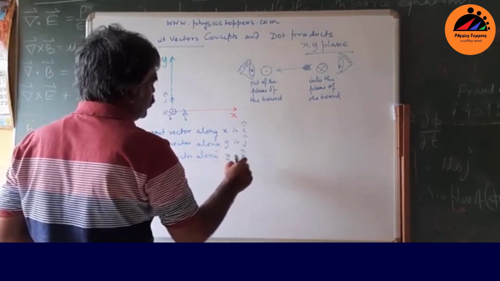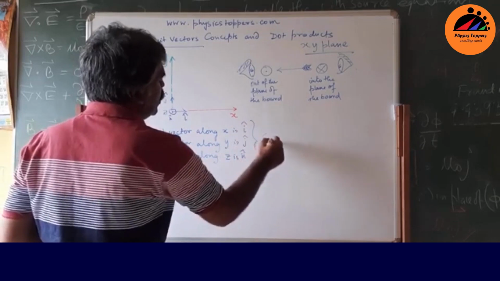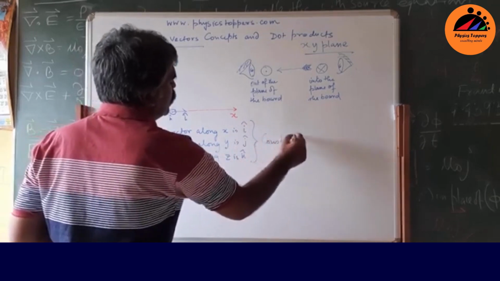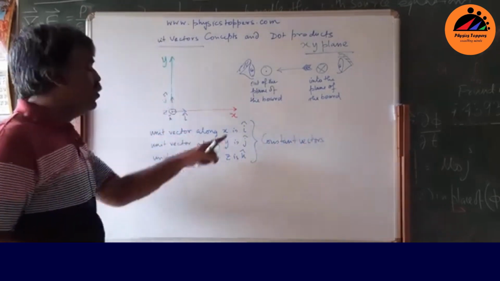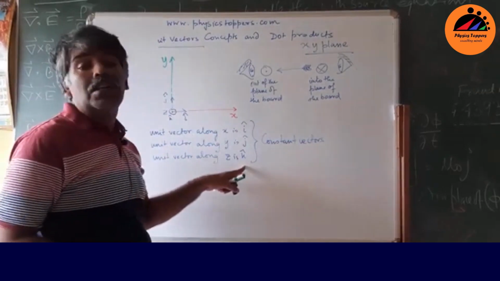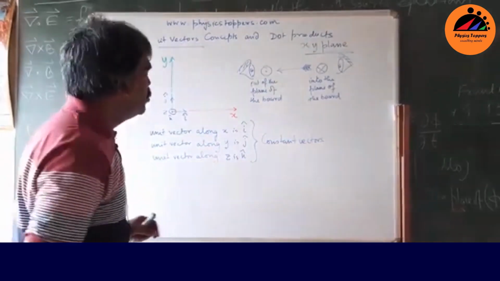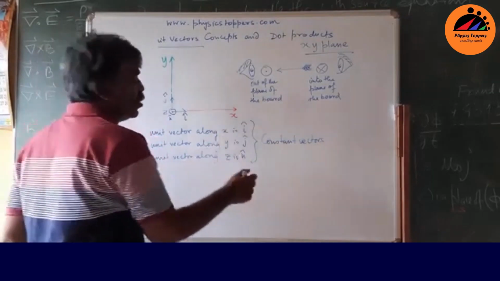Remember, these are constant vectors. That means with time they don't change. If you differentiate these i cap, j cap, k cap, they will vanish. This is important.